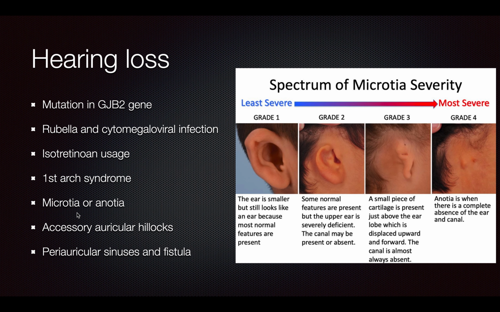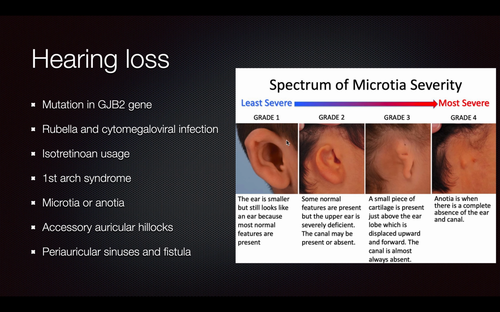Sorry, not really sure how to pronounce it, but that means tiny ears or no ears at all. And there could be accessory auricles or preauricular sinuses and fistulas. So the fistula would be like that kind of dot right there.